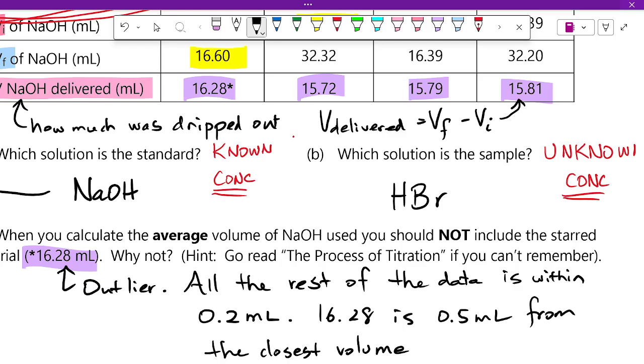So now you are going to calculate the average volume of NaOH needed to neutralize the HBr.